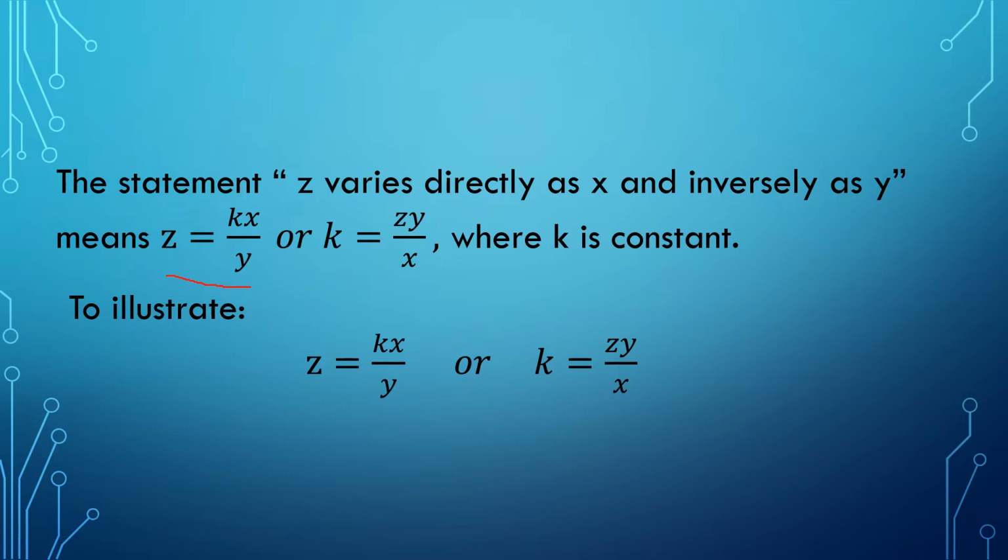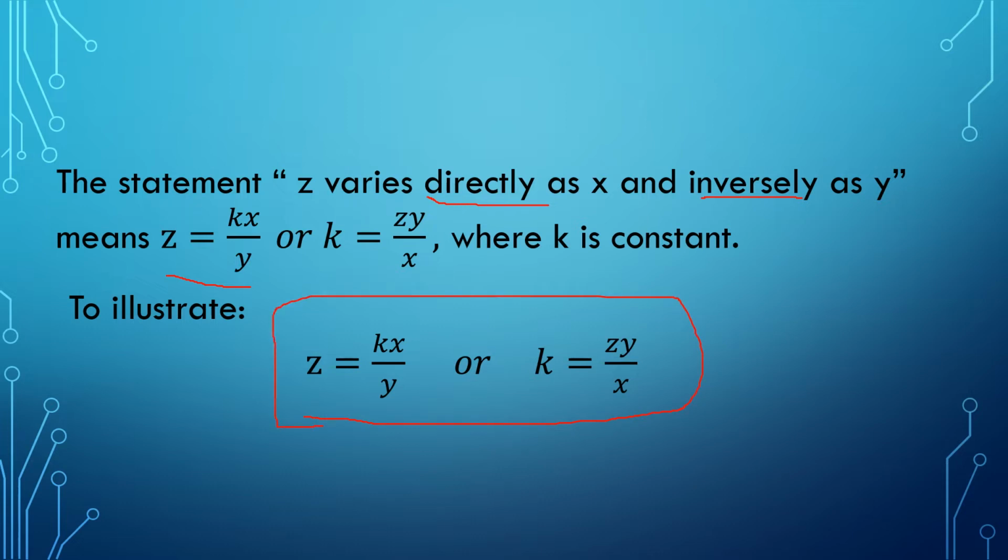So pasabot ana, ang combined variation is the combination between the direct variation and the inverse variation. Okay? So, gikuyog na silang duha karon diri. Now, to illustrate, mao lang ni ang ilahang mathematical sentence or kumbaga formula ani.